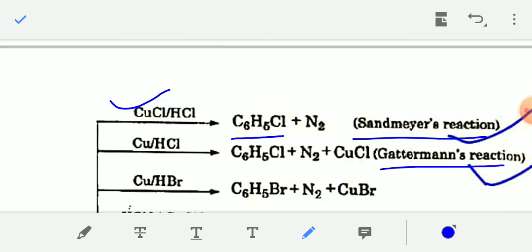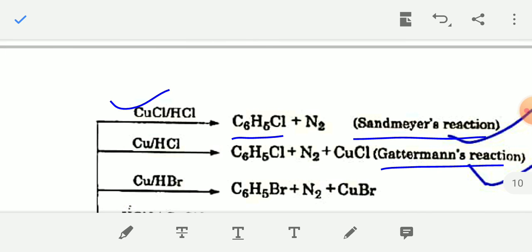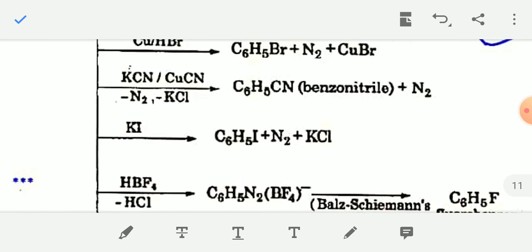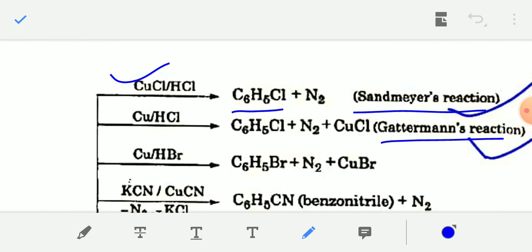If benzene diazonium chloride reacts with copper in HCl or copper in HBr, then these two reactions are known as the Gattermann reaction. Okay, and the product will be chlorobenzene or bromobenzene.